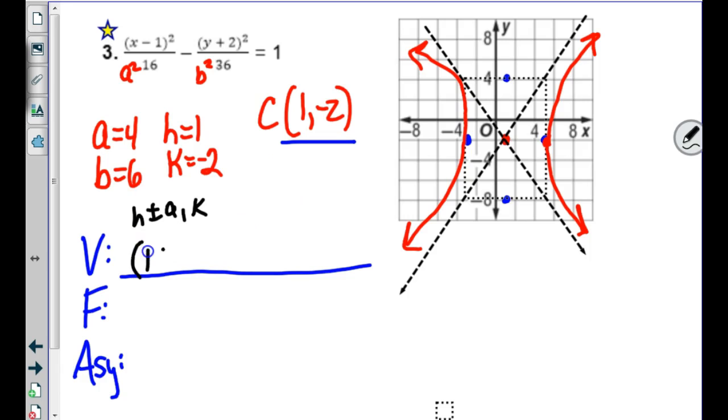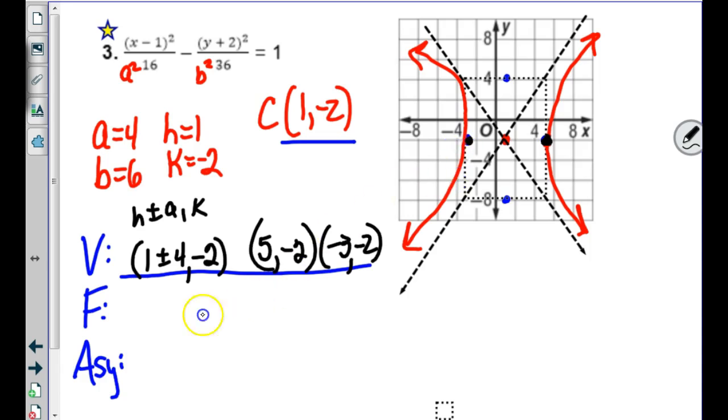So we have 1 plus or minus 4 comma negative 2, which would be 5 negative 2, and 1 minus 4 would be negative 3 negative 2. Is that where we have them? 5 negative 2 and negative 3 negative 2. We're good, right? It's your check. They should be where we hit the box there.